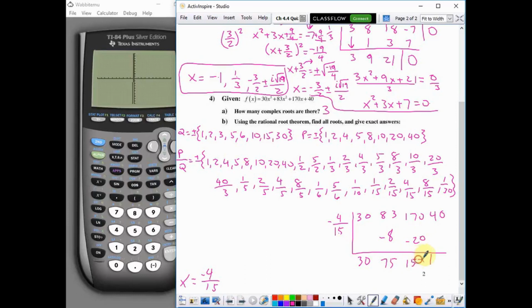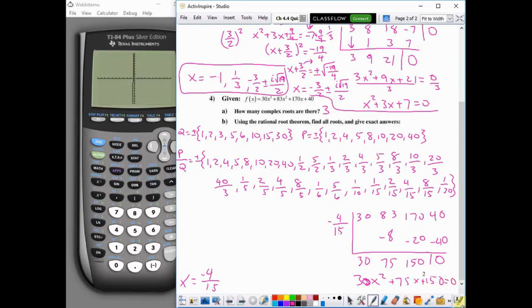Add, and we get 150. Multiply these, and we get -40, and combine these, and we get 0, a remainder of 0. So 30x squared plus 75x plus 150, and we'll set that equal to 0.